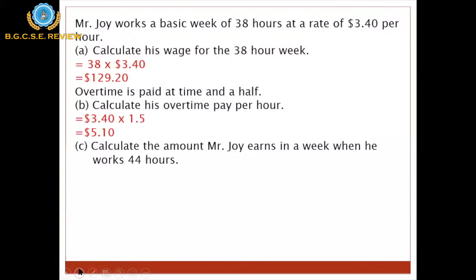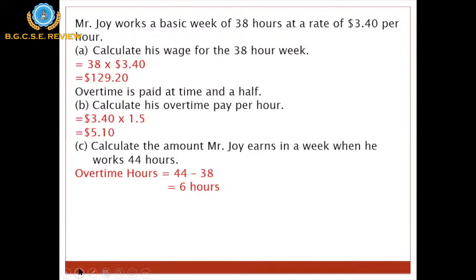Then they say calculate the amount Mr. Joy earns in a week when he works 44 hours. I need to first determine how many overtime hours he worked. So I subtract 44 take away 38. That gives me 6 hours.